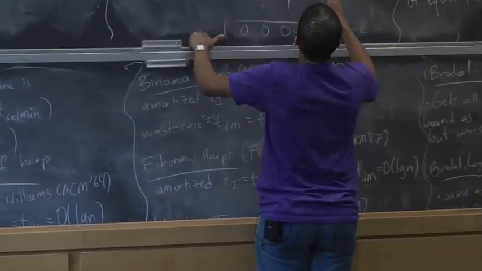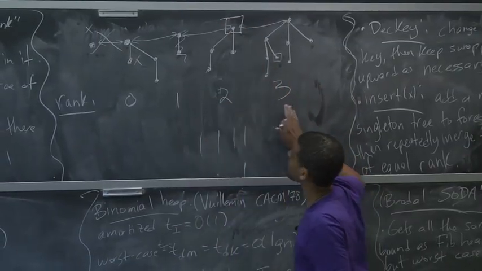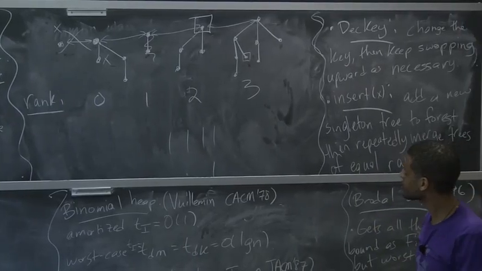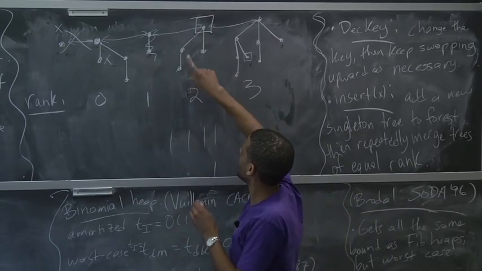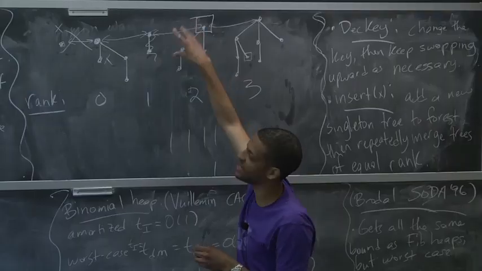One of these roots is the minimum. It could be any one of these roots. So let's say that's the minimum. Okay. So what do we do? We return it, we delete it, and all its children now become roots. All of these children become new trees in our forest.